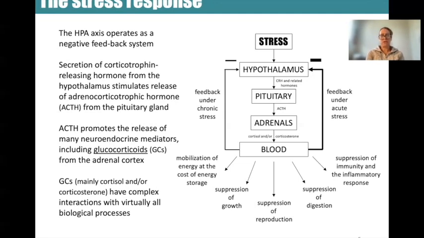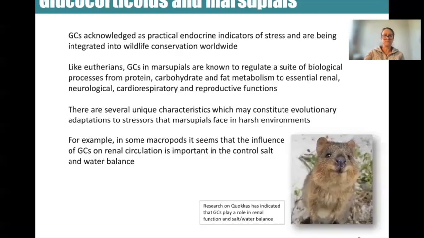Glucocorticoids, which when we talk about them, we're mainly referring to either cortisol or corticosterone, have complex interactions with virtually all other biological processes. Glucocorticoids are acknowledged as practical endocrine indicators of stress and are being integrated into wildlife conservation worldwide.